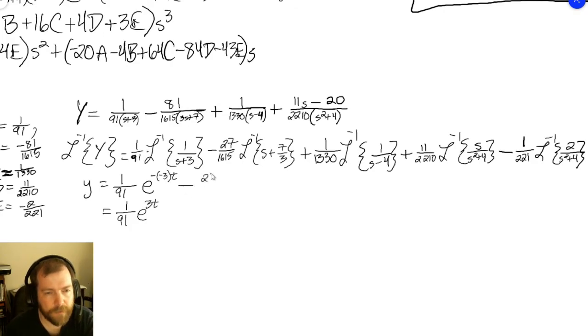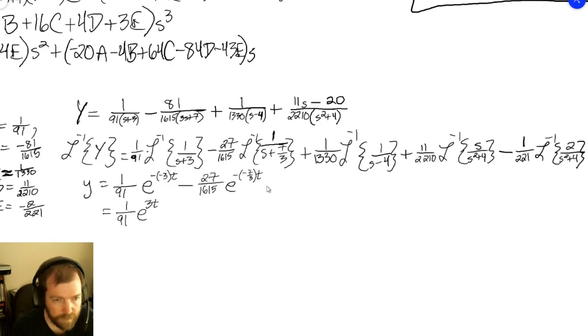Alright, minus 27 over 1615 times the inverse Laplace of this thing, which is going to be e to the negative 7/3 t. So down here is a negative 27 over 1615 e to the negative 7/3 t.